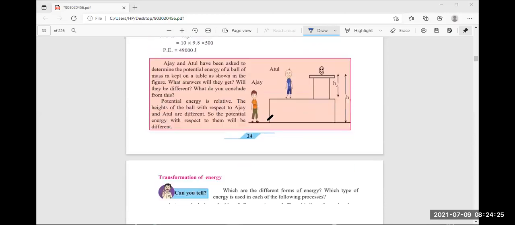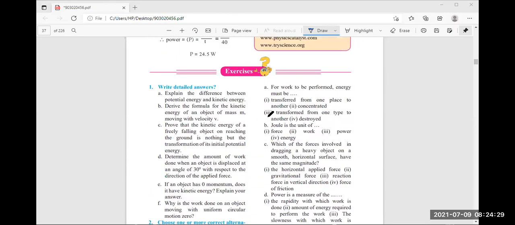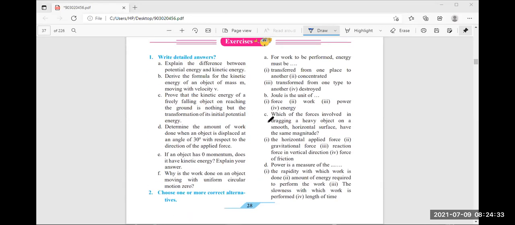It's very easy for you. So for work to be performed, energy must be... What will be the answer? Only raise your hands. I want to see only 2 hands. Yes, Priya.